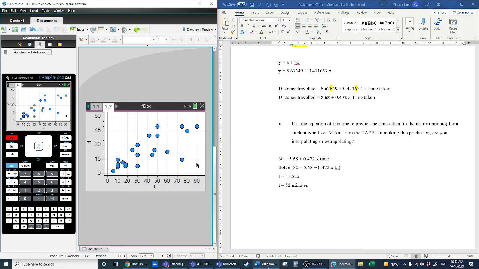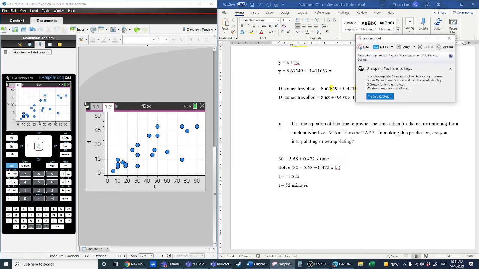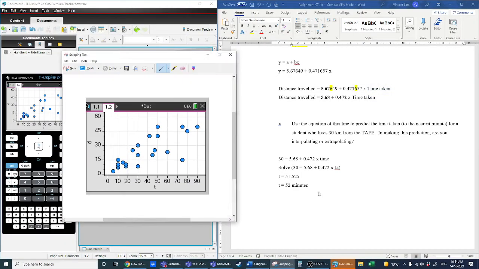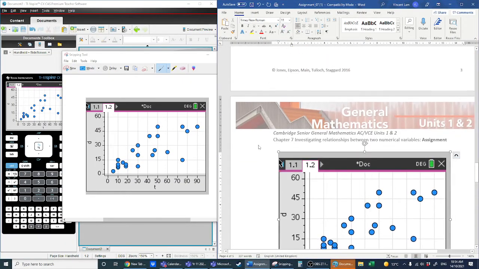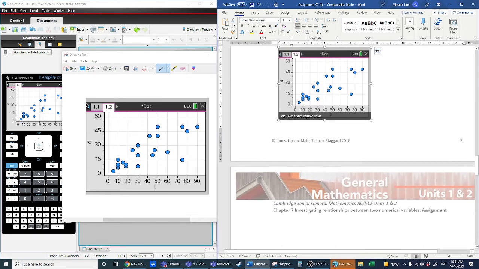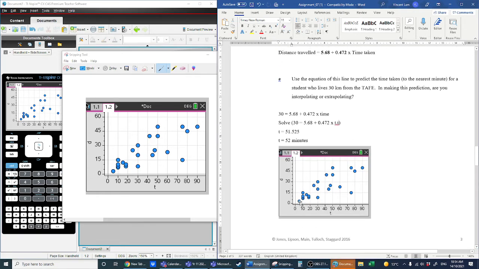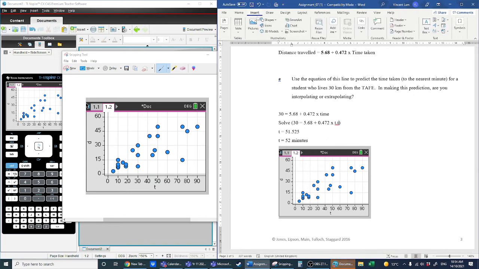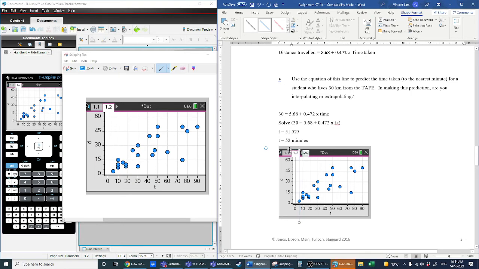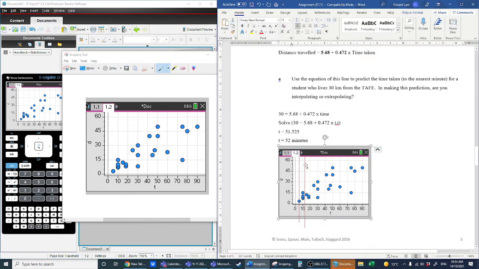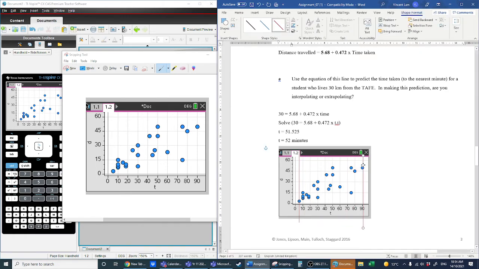So what I mean by within the data set, we just look at the last dot point. So the first dot point is here, around there. I forgot what number it is. Maybe it's 8. Okay, and the last dot point is at around 90.